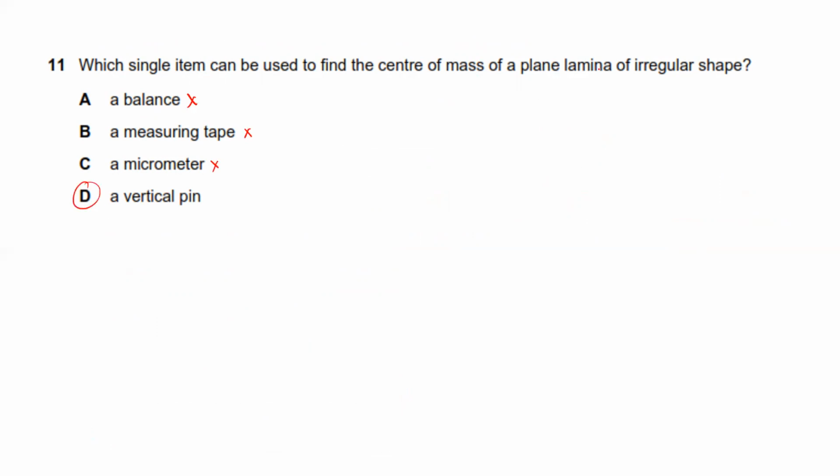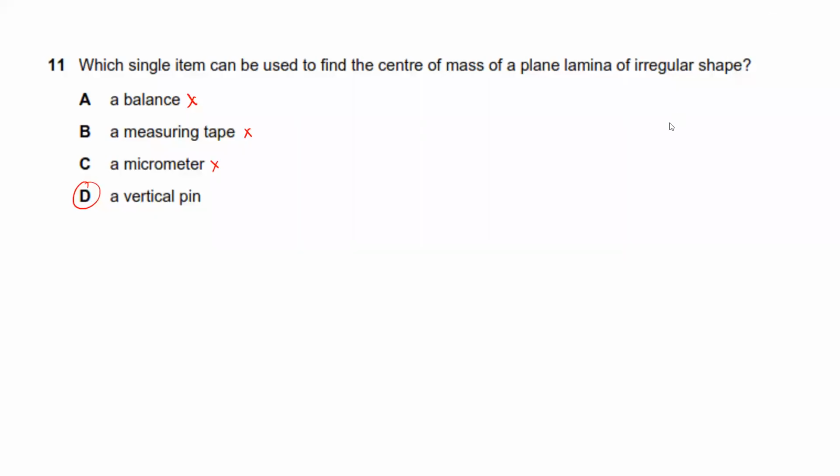So we suspend the irregular shape lamina from a vertical pin, and with the help of a plumb line we can easily calculate the center of mass of this irregular shape lamina. So answer D is the best choice we have. Next question.